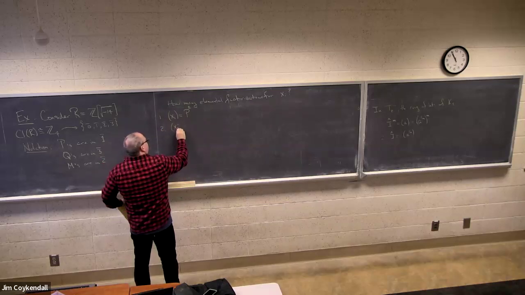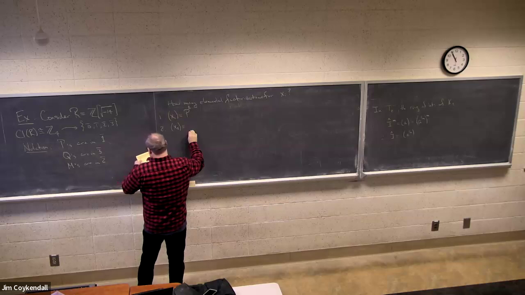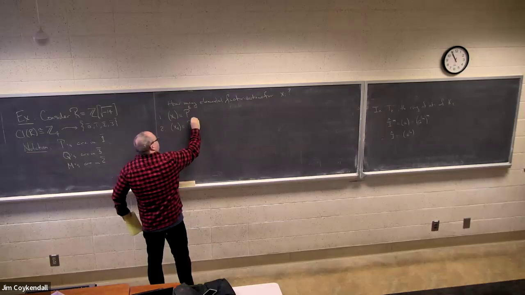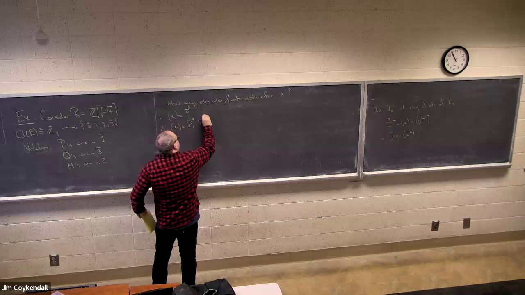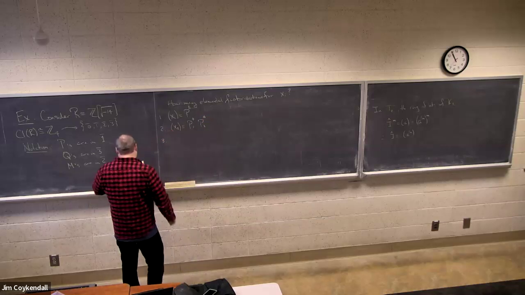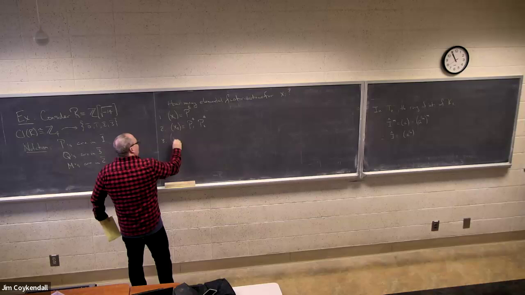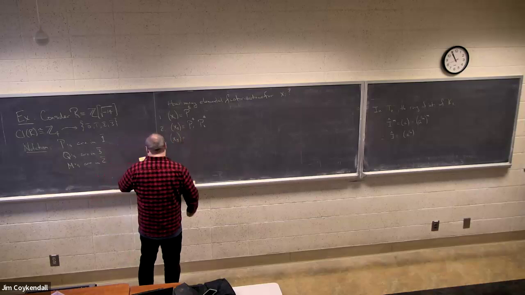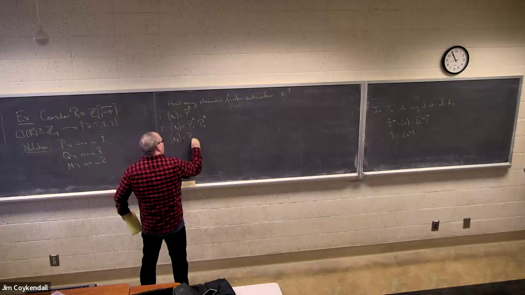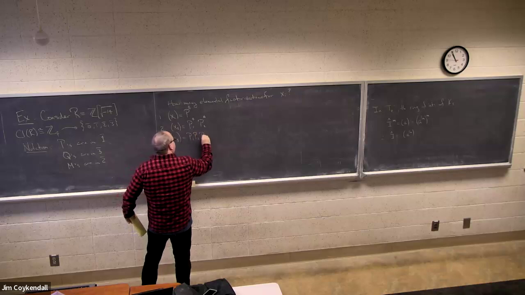X2 equals... what I'm trying to illustrate in this example is why the class group might be important if you're considering factorization.